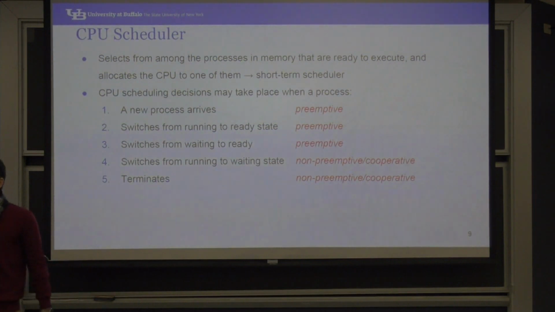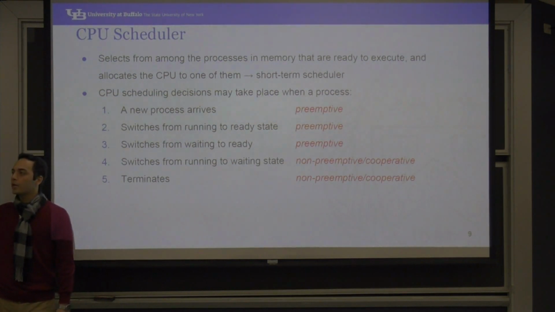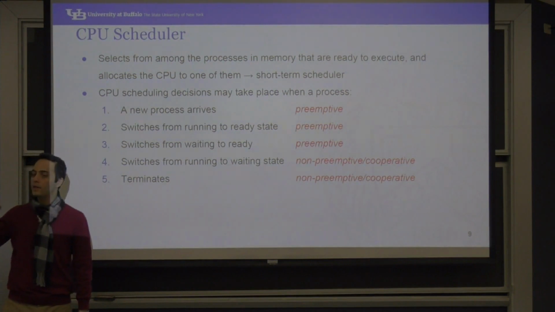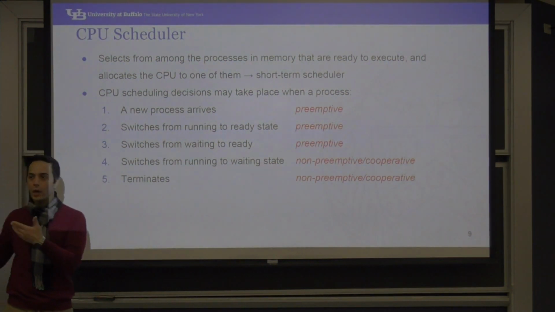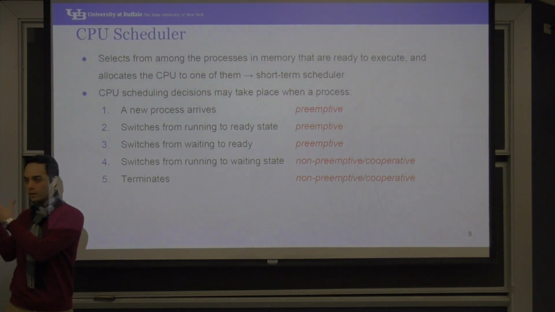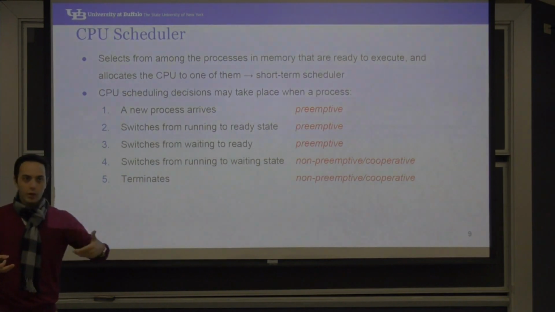So if a process now goes from waiting to ready, let's say a process is waiting for a timer, and the timer now ticks, and the elapsed time is over. So the OS now wants to schedule the sleeping thread. Now, when the OS wants to wake this up and schedule it, there is the running thread, right?